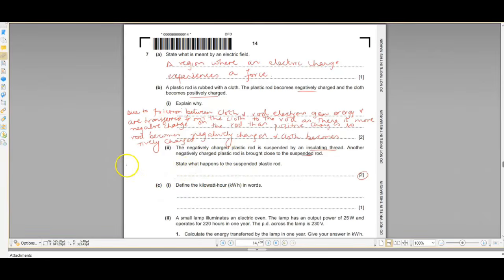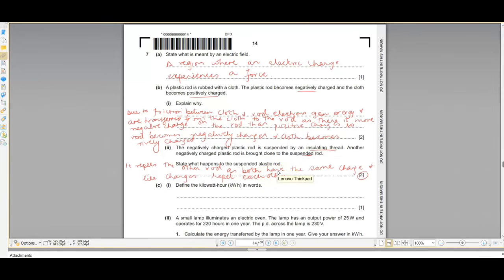So we are going to write: this rod repels the other rod as both have the same charge and like charges repel each other. You've stated the reason and you've stated what happens as well.